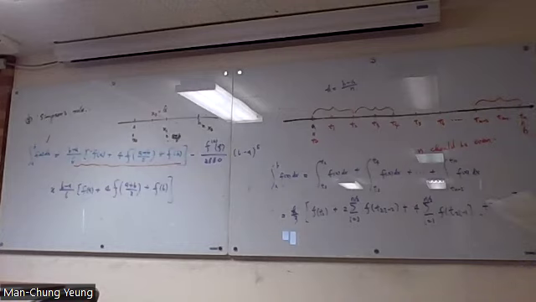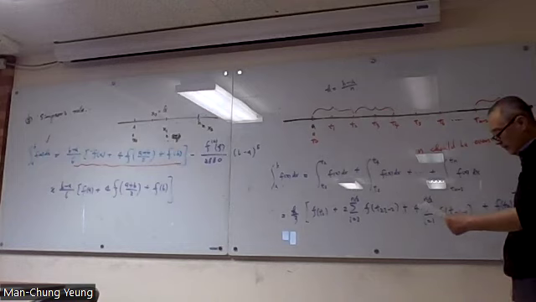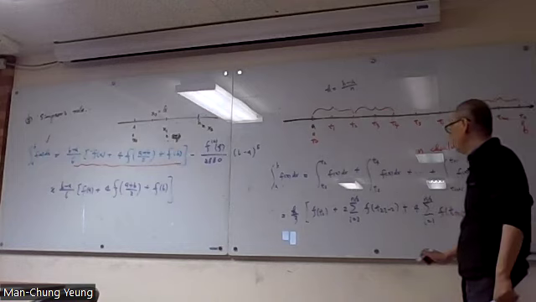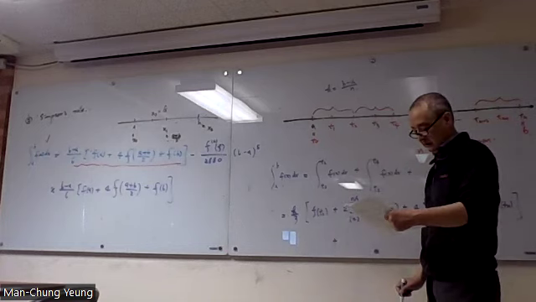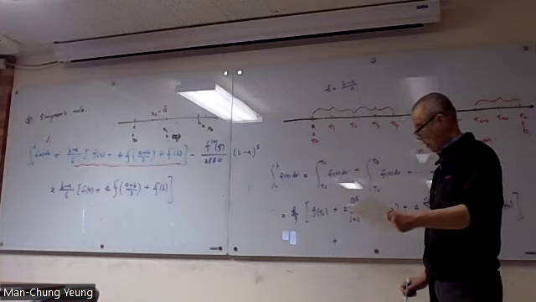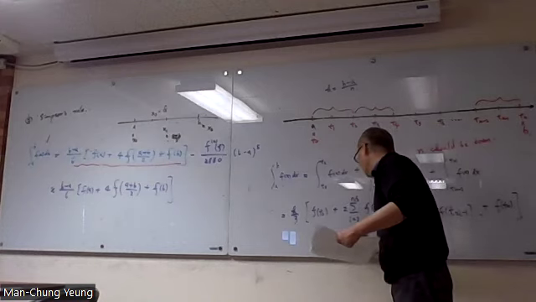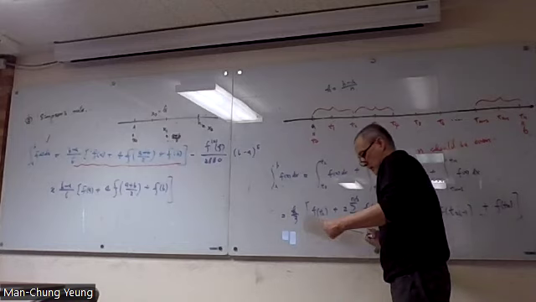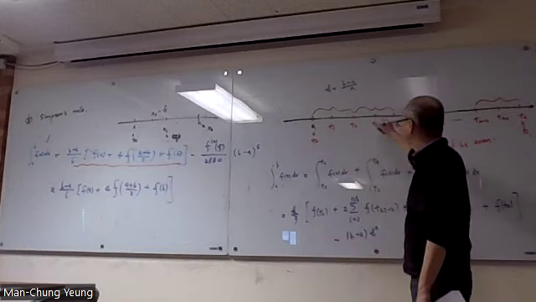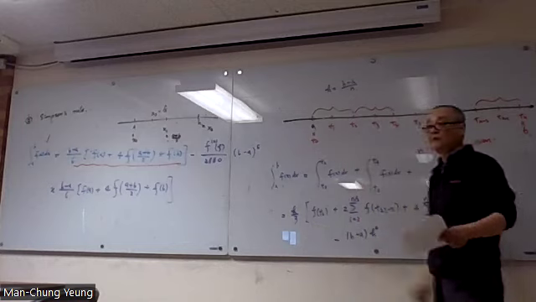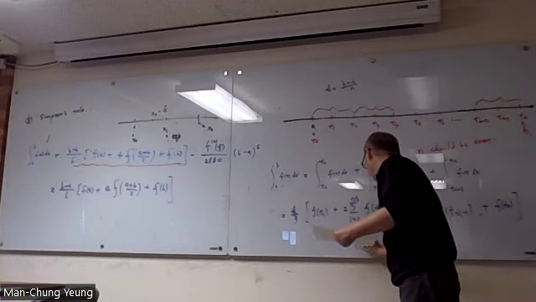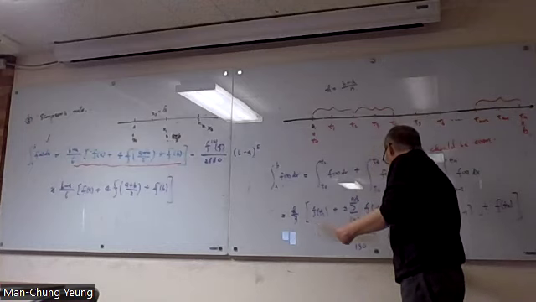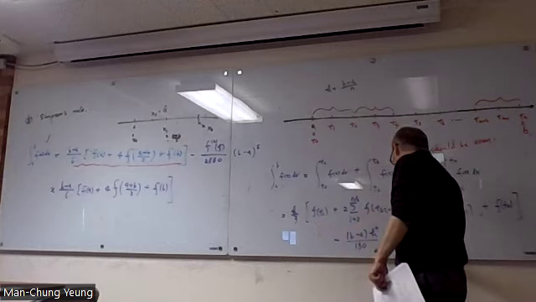Then the error. What is the error? Here. The error is minus B minus A, h to the 4th, h the length of each subinterval, over 180 times the 4th derivative evaluated at sine.